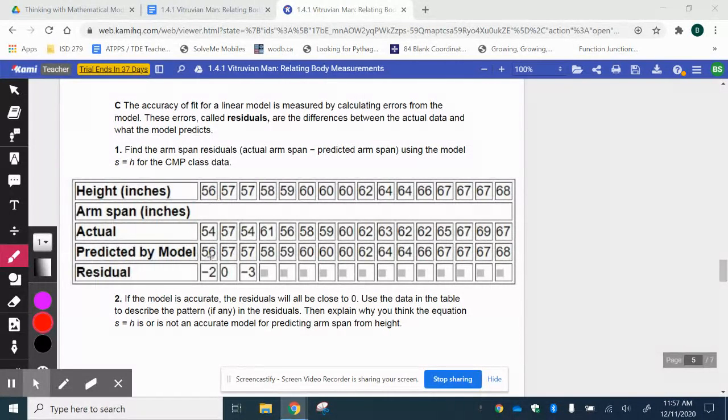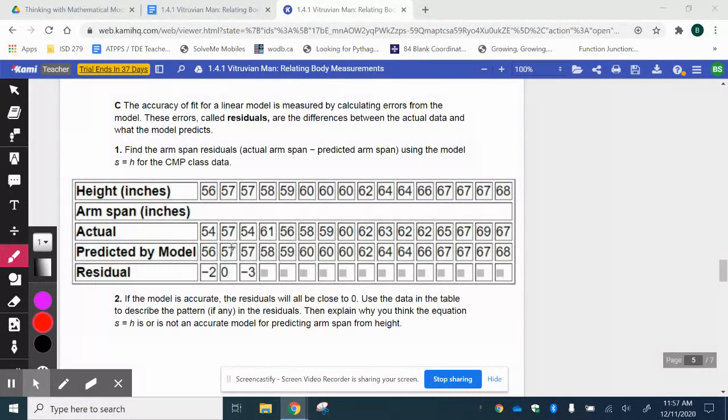The model predicts that it was 56 for the arm span. The actual was 54. So they took 54 minus 56 and got -2. The next one, the actual was 57.